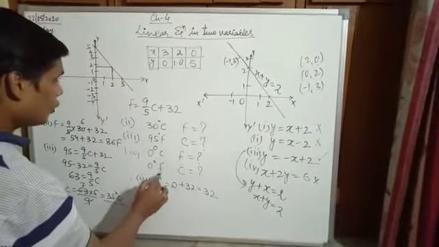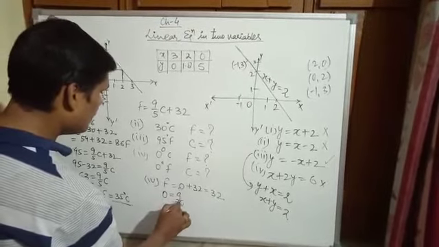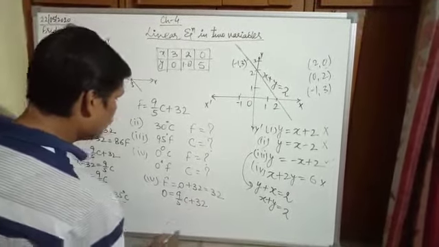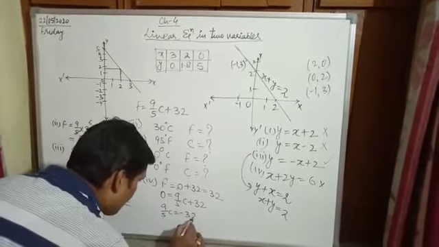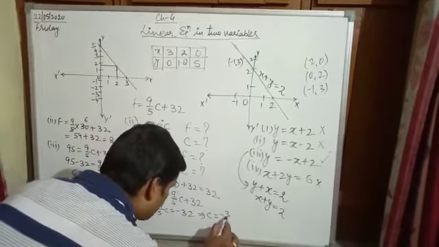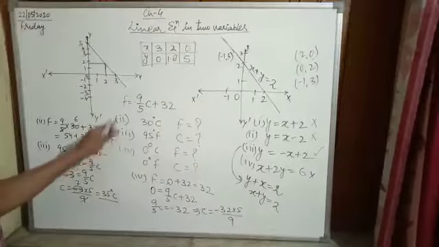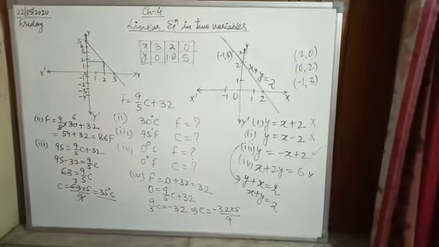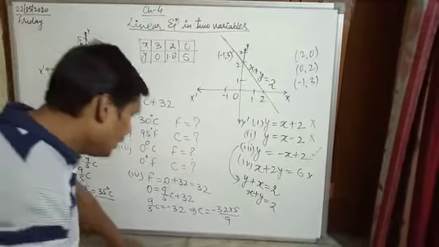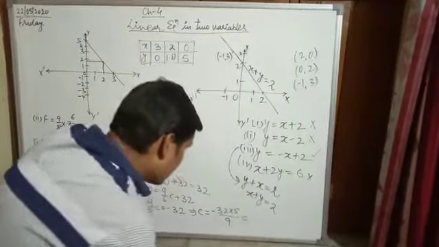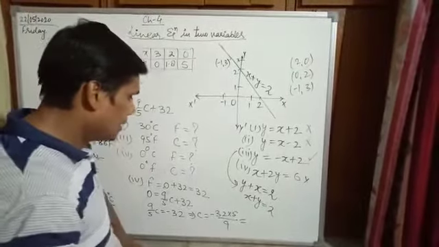And if 0 degrees Fahrenheit, then 0 is equal to 9 by 5 C plus 32, then 9 by 5 C is equal to minus 32, or C is equal to minus 32 into 5 by 9. The value will be in decimal.